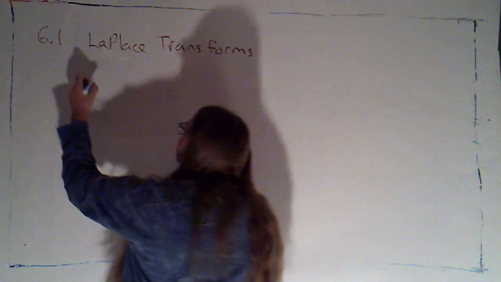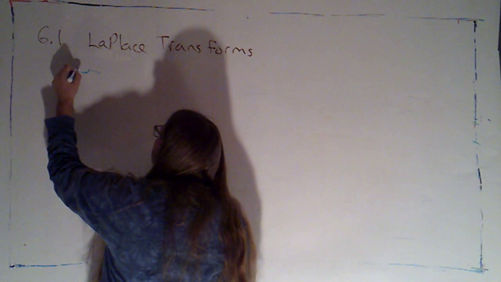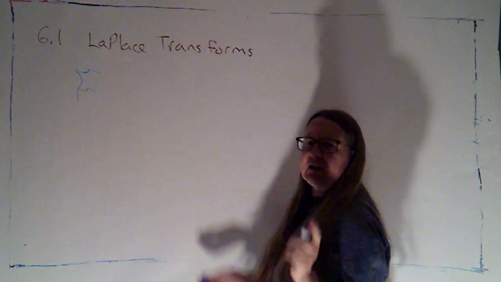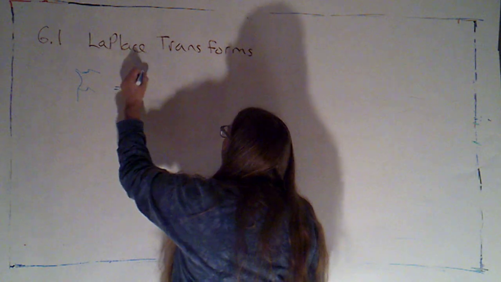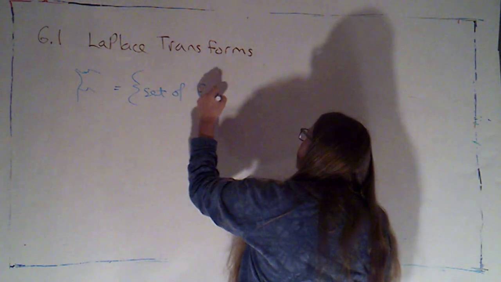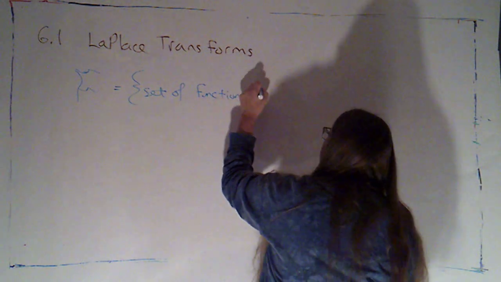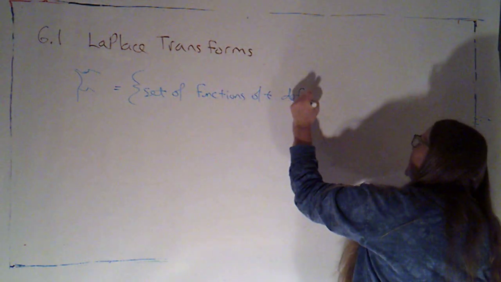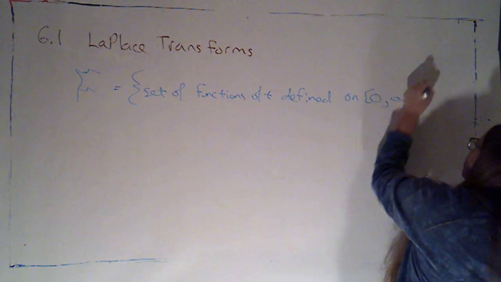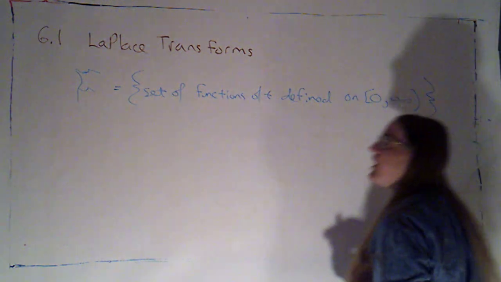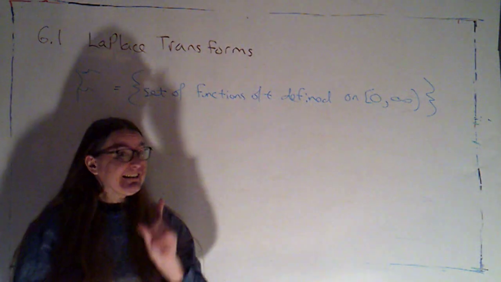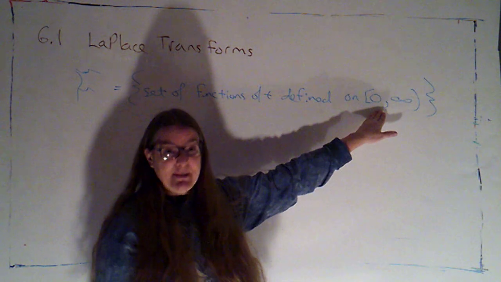Okay, so here's some important terminology and notation. We're going to have F, a fancy looking F that I'm not very good at drawing, and that's going to be the set of functions of t defined on the interval from 0 to infinity. So defined for all non-negative numbers. Now, one important note here: I did not say that the domain is limited to this.